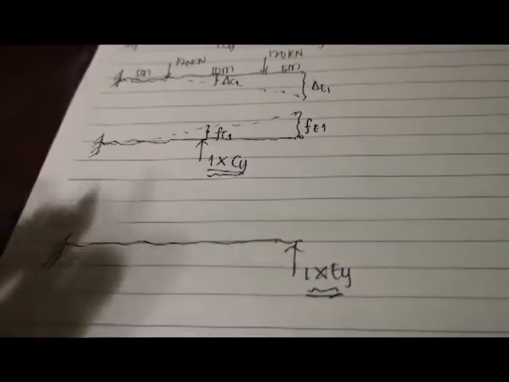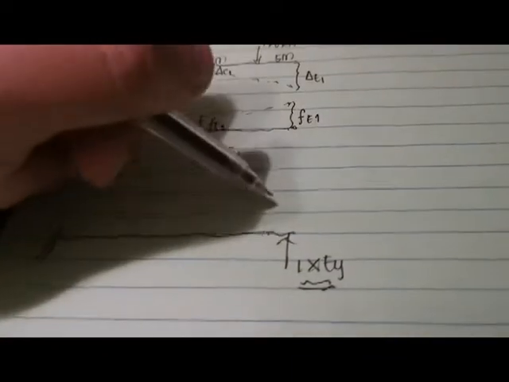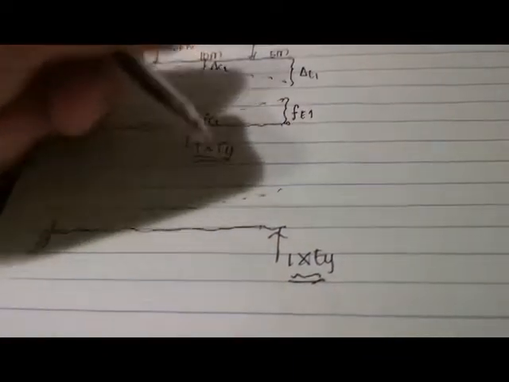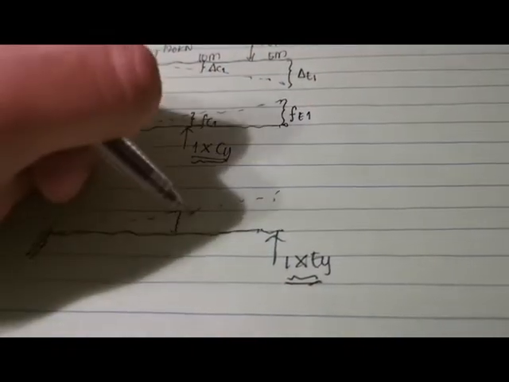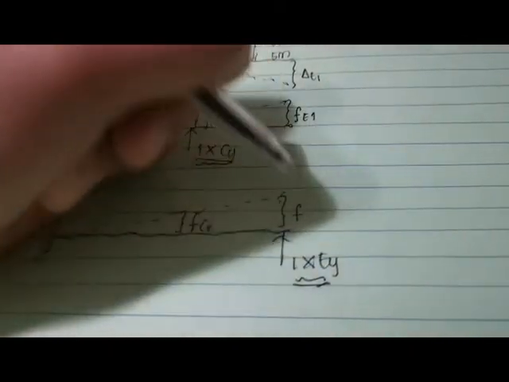Okay? Next, due to the unit load at point E, it will deflect in the same manner. So this will become FC2 and this will become your FE2.